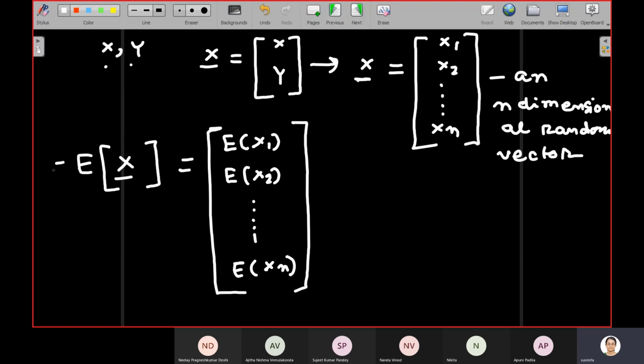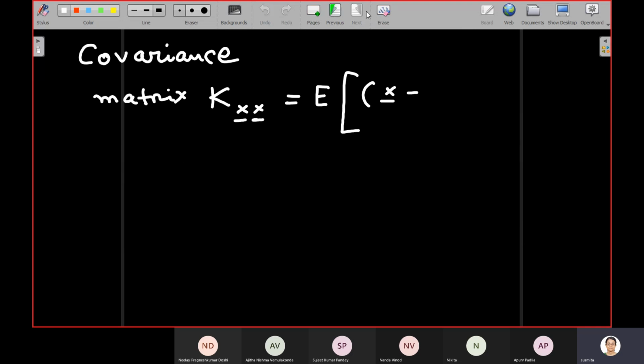Let's call this one mu bar. The same expression as before. Earlier for a single dimensional case we square this, but here we have a vector, so we need to do a transpose.